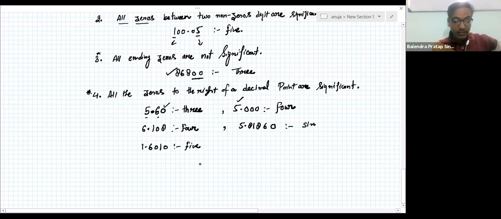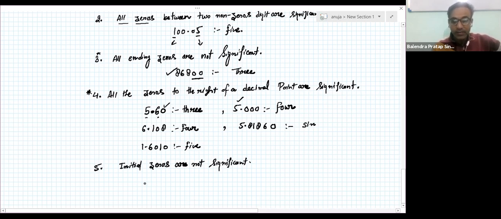Number 5th, initial zeros are not significant. Initial zeros are not significant. Let us take an example.